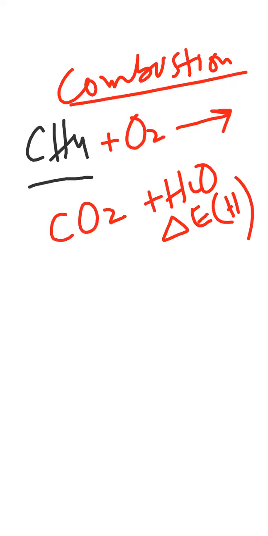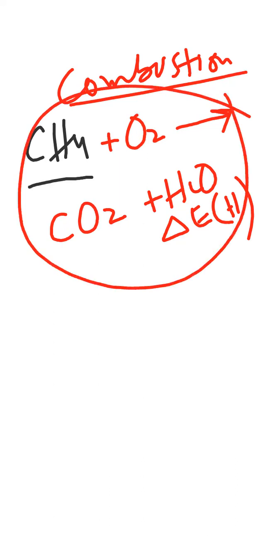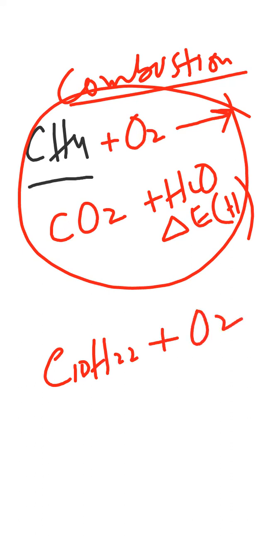Next one, let me check if I'm missing something. This is the easiest reaction. Whenever they give you any hydrocarbon, for example C10H22, decane, and they say we are burning it, what will be the product? You don't have to be confused. Whenever any hydrocarbon or organic compound burns with oxygen, the reaction is called a combustion reaction. And the products of combustion reactions are fixed.